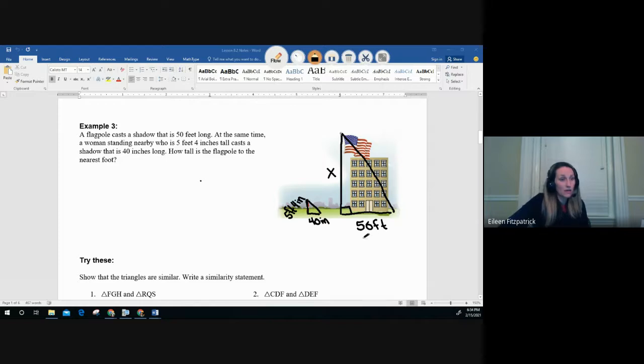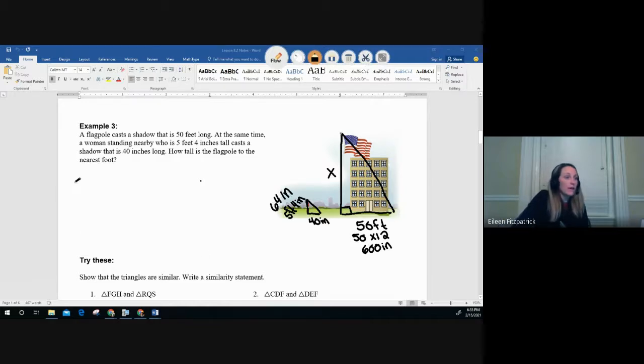So I need to convert everything into inches. Okay, so 50 feet into inches, you're going to do 50 times 12, and you're going to get, what would that be? 600 inches. Okay. And then 5 feet 4 inches. Well, 5 feet, 5 times 12, it's 60 plus 4, that's 64 inches.